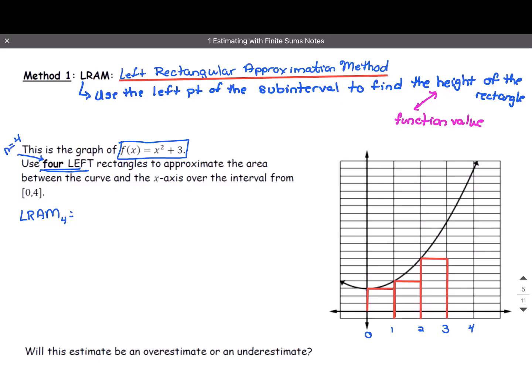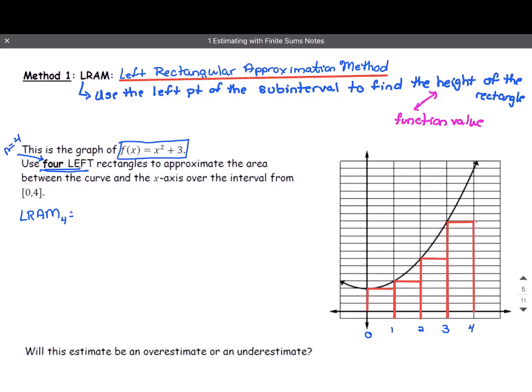Bring it down at 3. And from 3 to 4, the number on the left is the 3, so we're going to use 3 to find the height of our rectangle here. And we're going to bring it over the length of the interval. And now we have drawn our rectangular approximation. So we have drawn our left rectangular approximation.